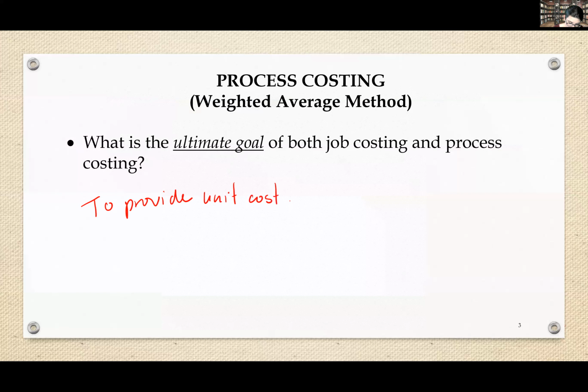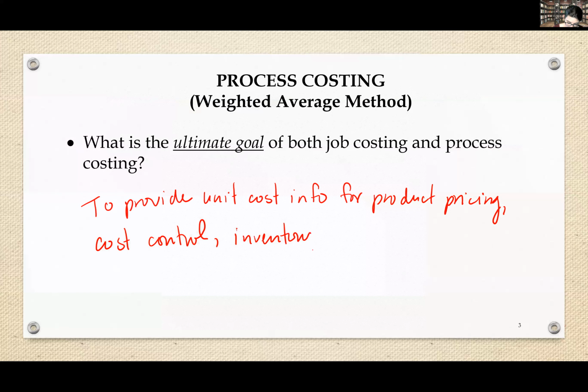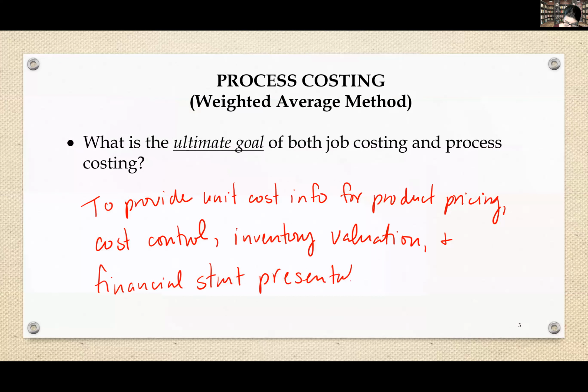What we do with this unit cost information is we use it for product pricing, cost control, inventory valuation, and financial statement preparation. So both process and job costing have that ultimate goal, but how we do it is going to be different.